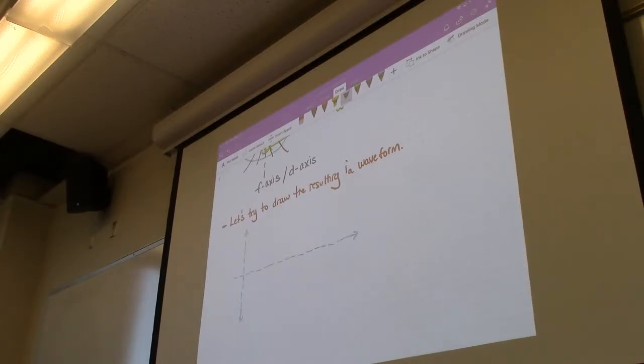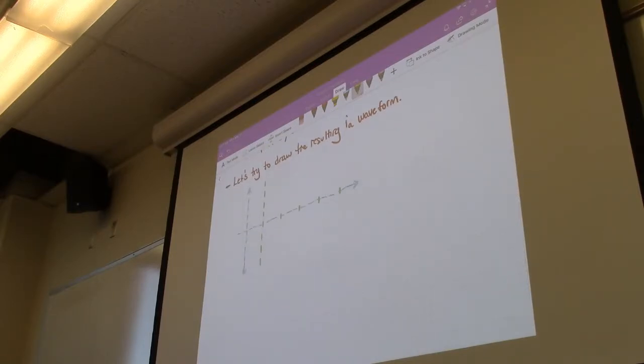Okay, now what I'm going to do is outline, okay, let's see, 1, 2, 3, 4, 1, 2, 3, 4. So this point here is going to represent when the F and A axes align.